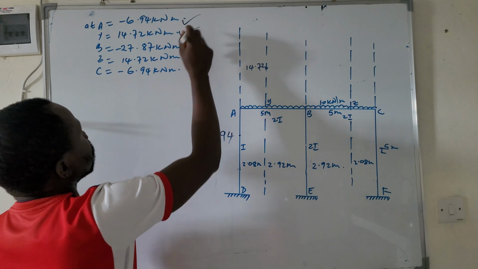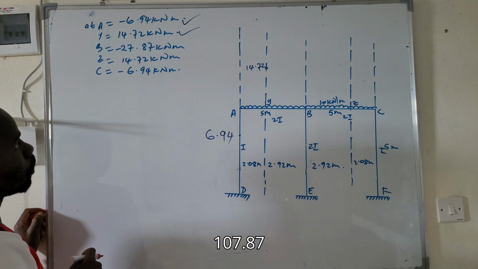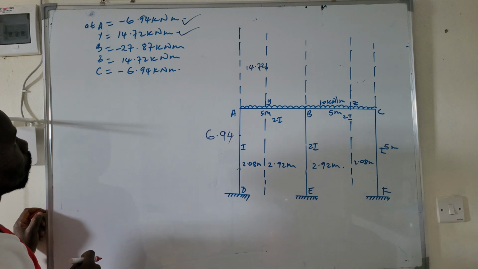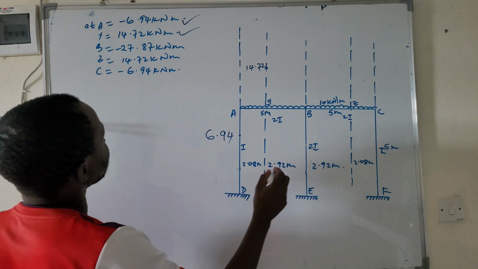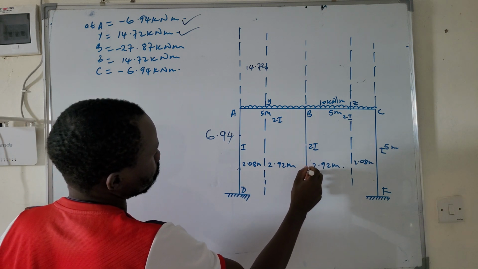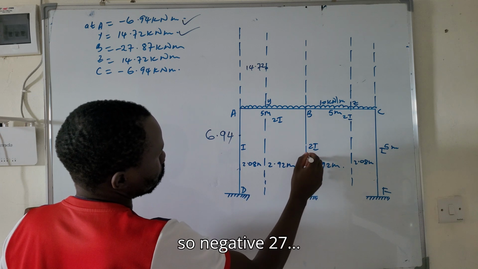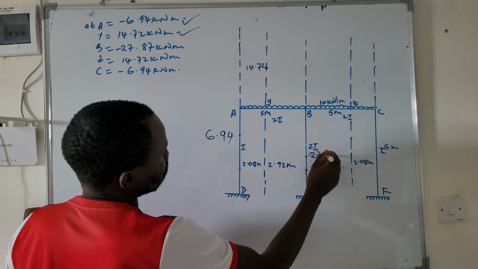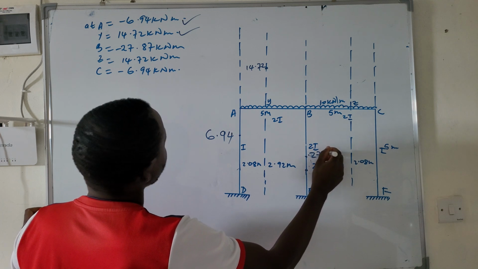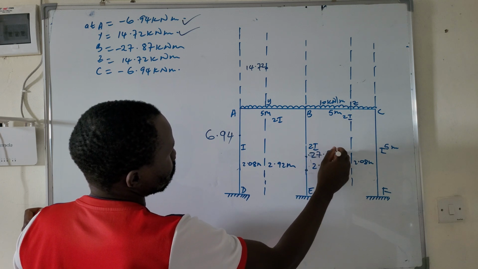We proceed to B. B is negative 27.87, like that.